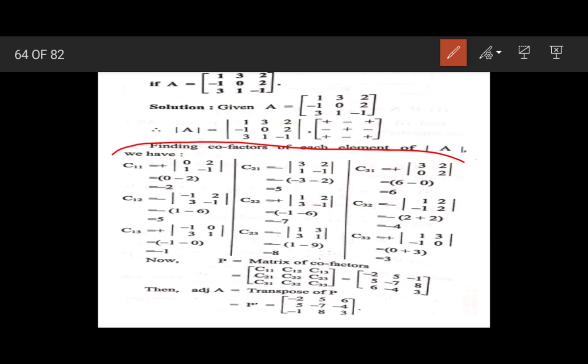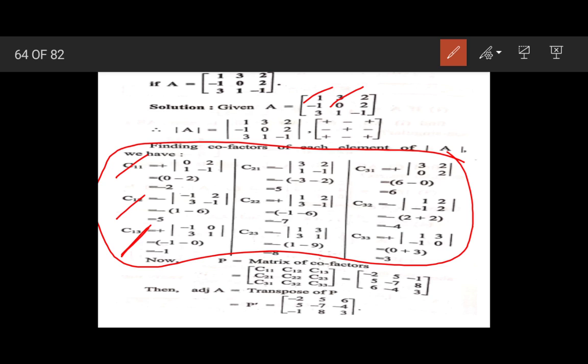Okay. See here. Find the cofactor of each element. First element, then second element, then third element. C11, this is for 1. This is for 3, cofactor of 3. Then this one is for cofactor of 2.